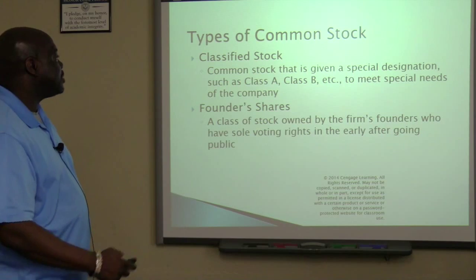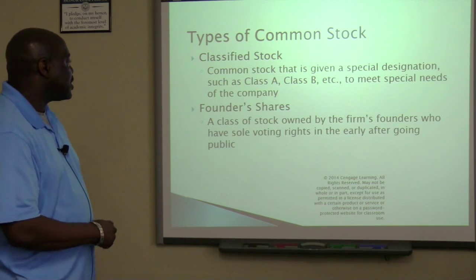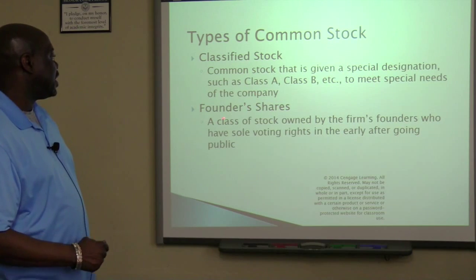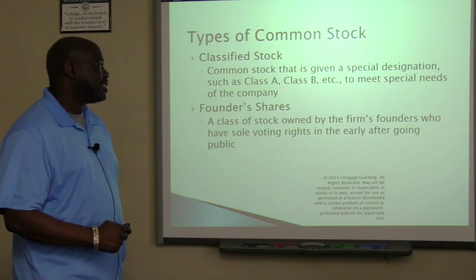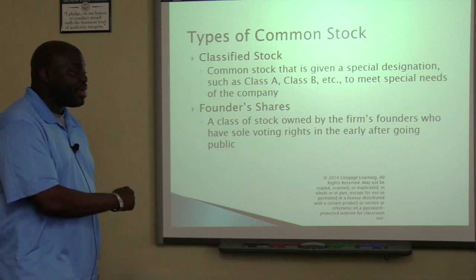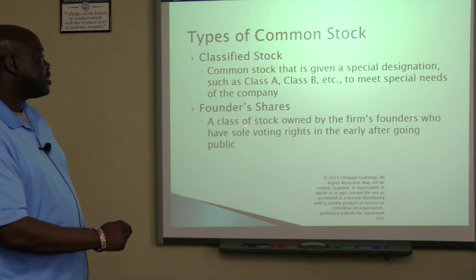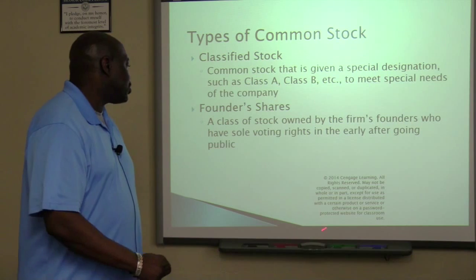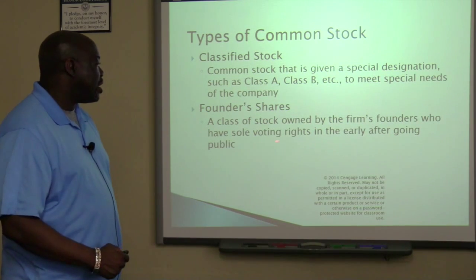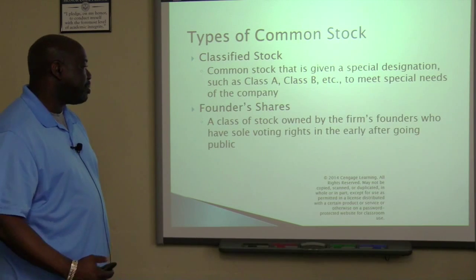Then you have types of stock. You have classified stock, which is common stock that is given a specific designation, such as class A, B, C, etc., to meet special needs for the companies. You have the founders' shares, a class of stock owned by the firm's founders who have sole voting rights in the early years after going public.